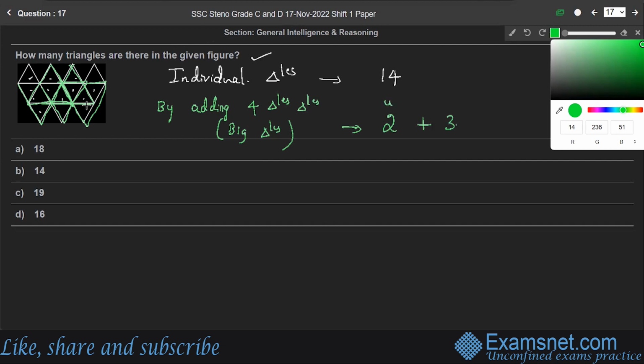Two triangles are upright and three triangles are inverted. Together we have 5 big triangles. So totally we have 14 plus 5: 14 individual small triangles and 5 big triangles. Together it is 19. Hence option C is the right answer.